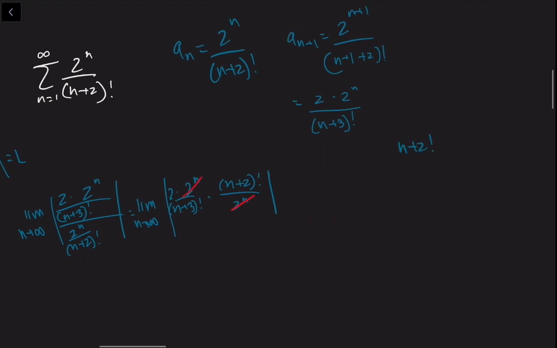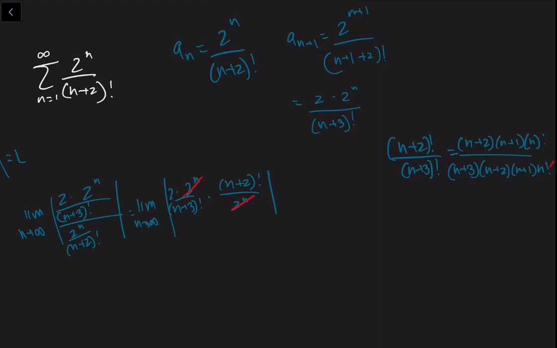N plus 2 factorial over n plus 3 factorial is actually very easy. N plus 2, n plus 1, n, and then keep repeating that, right? For a factorial, you just multiply by the next decreasing term. N plus 3 factorial would be n plus 3, n plus 2, n plus 1, n, and all the nth terms.